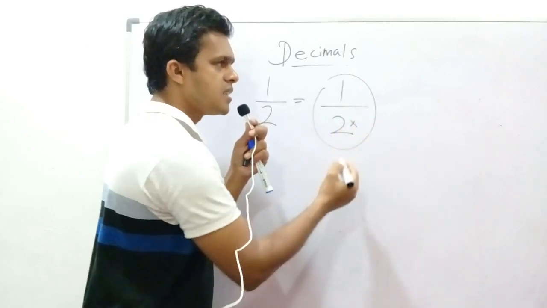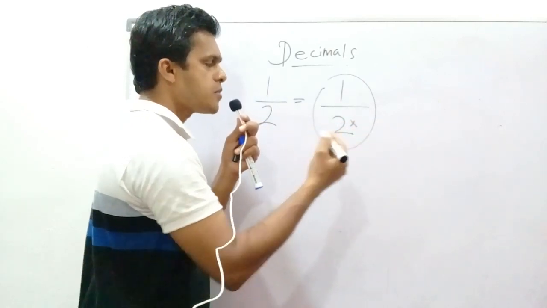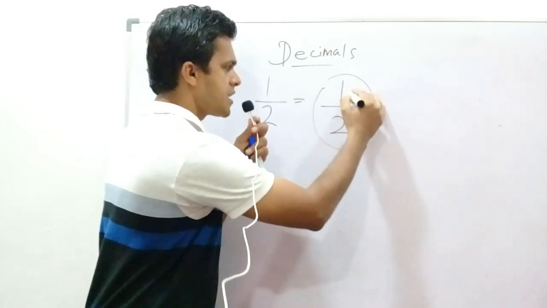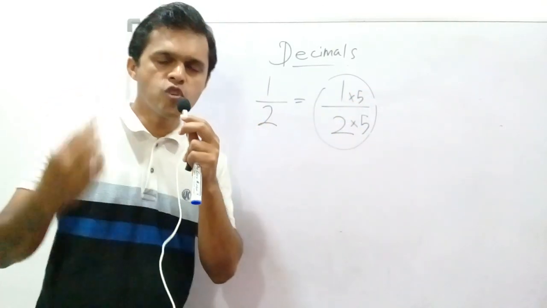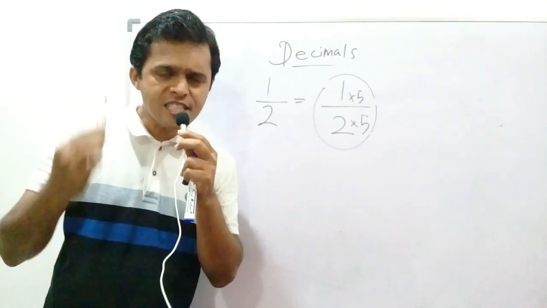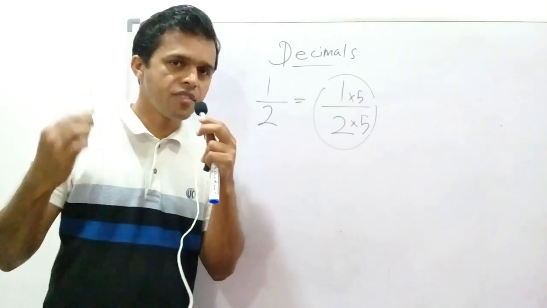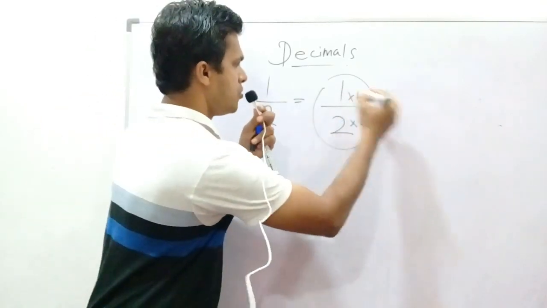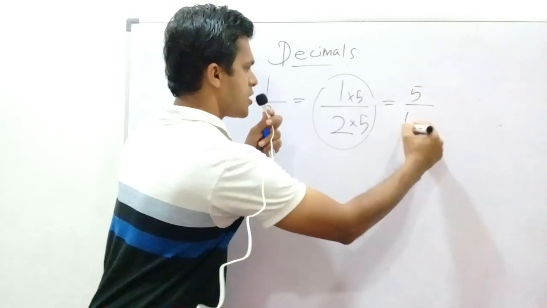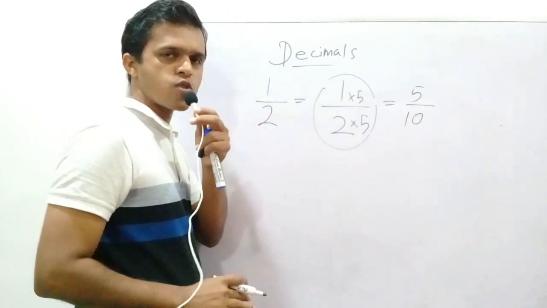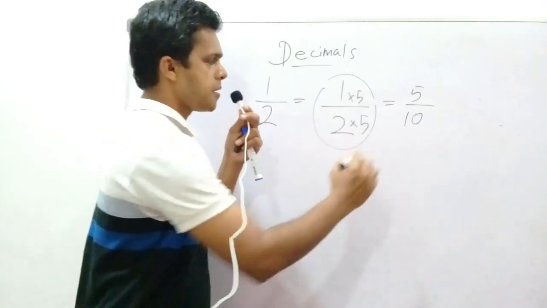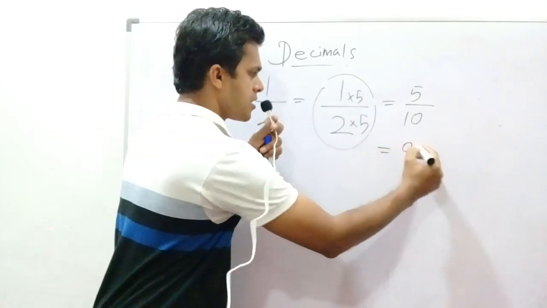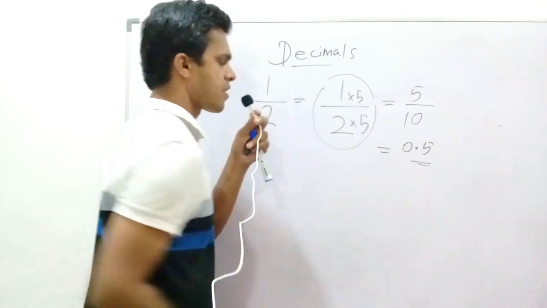You can take 2 times 5, 10. 1 times 5, both denominator and numerator are multiplied by 5. Now 1 into 5, 5. 2 times 5, 10. Now you know how to convert this fraction into a decimal number. 5 over 10 equals 0.5.